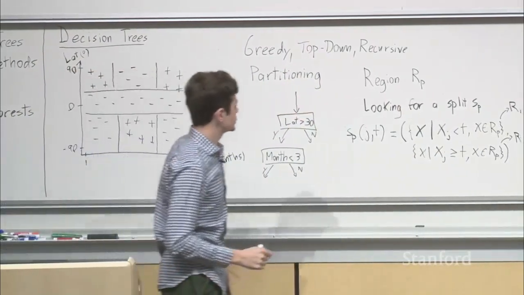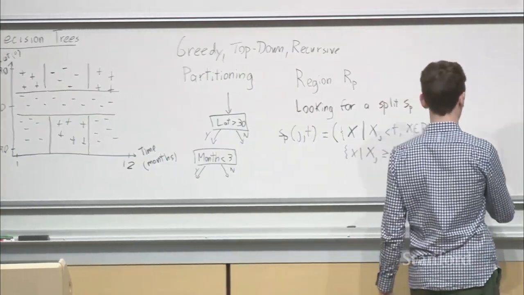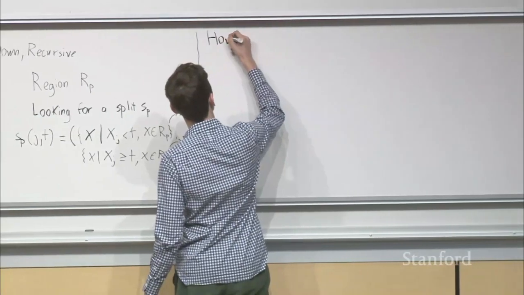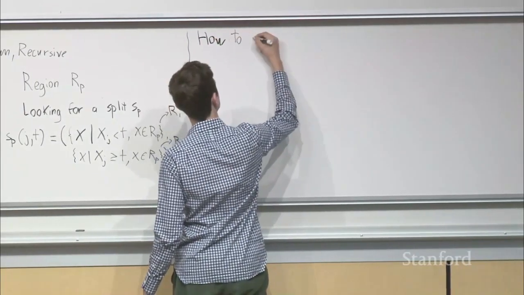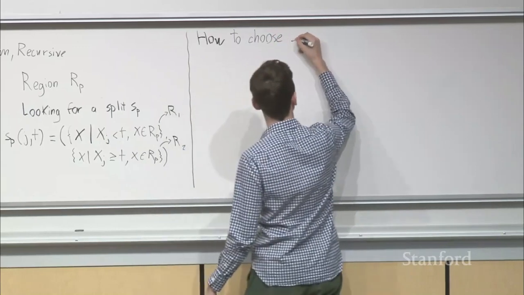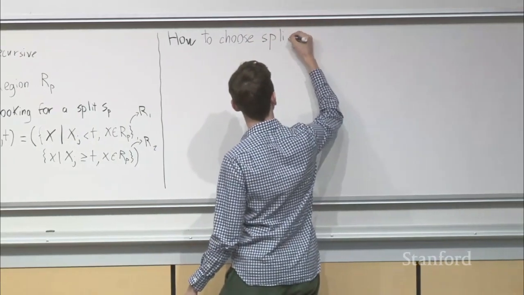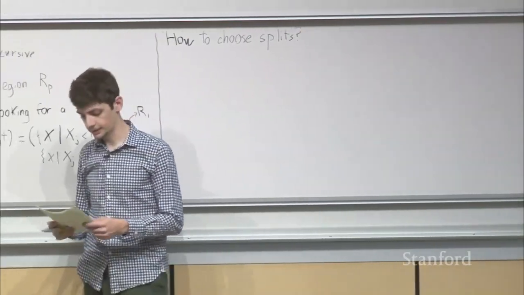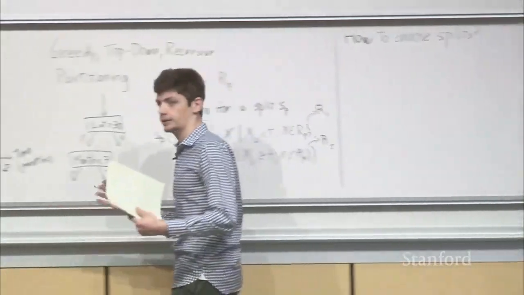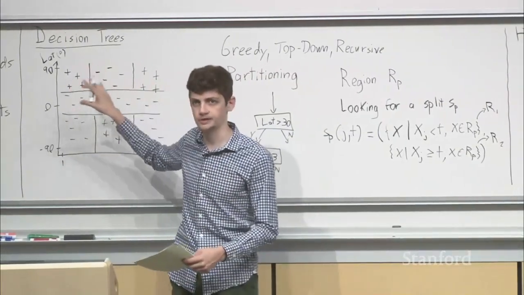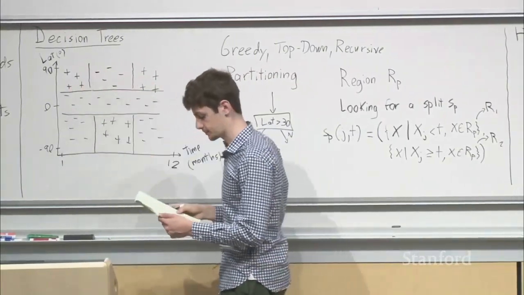A natural question to ask now is how do you choose these splits? Right? And so I gave this intuitive explanation that really what you're trying to do is isolate out the space of positives and negatives in this case.